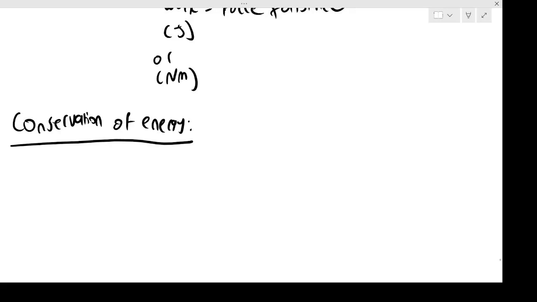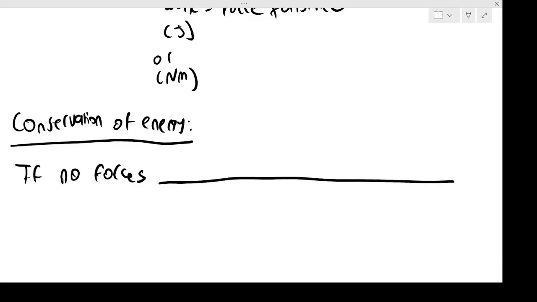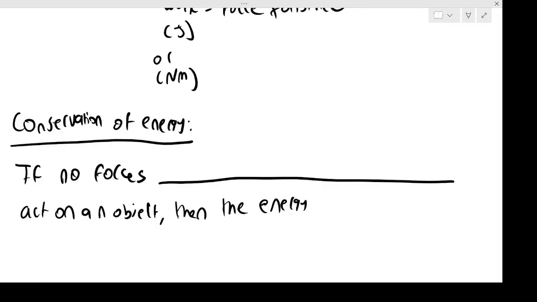So what I'm going to say is if no forces, and I'm going to leave this blank, and now I'm going to add on to that in a minute. If no forces act on an object moving, then the energy of the object remains the same.